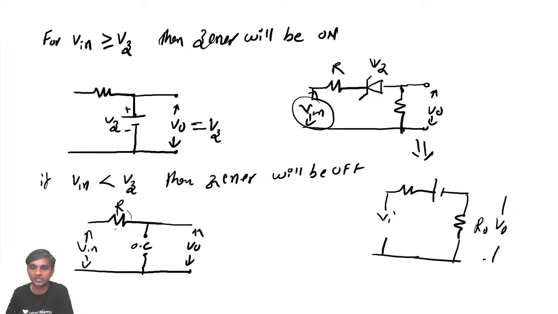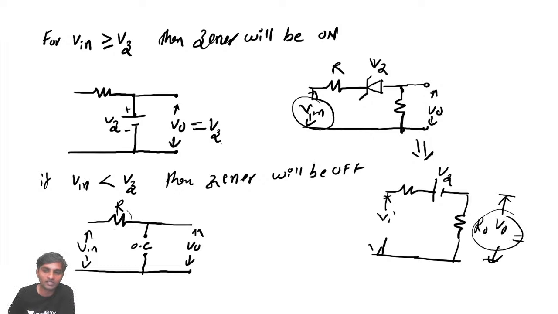This voltage here is some VZ. If you apply KVL, V naught is not simply VZ. V naught is going to be VI minus VZ. However the voltage changes, this output also changes. But what is required, sir? We require only a constant output. So you need to connect it in shunt only.